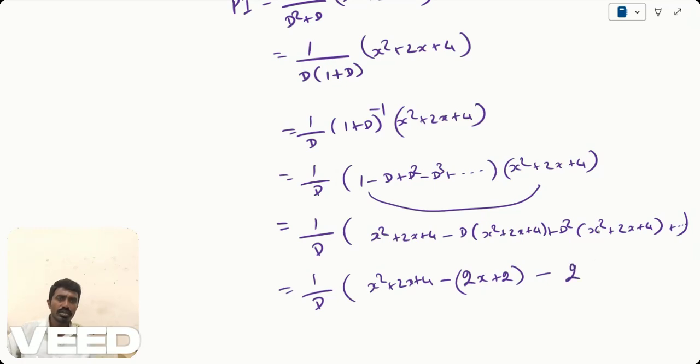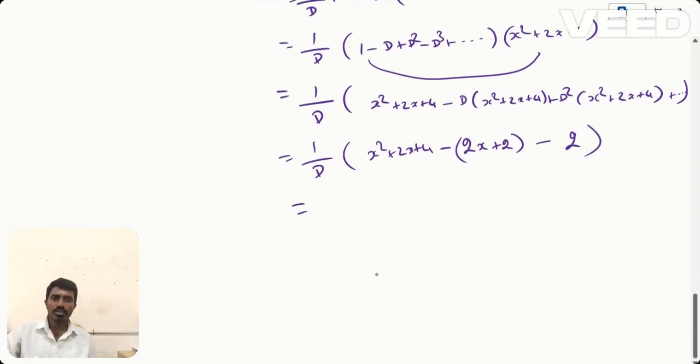Simply 2, because differentiation of x square twice is 2, and differentiation of this twice is 0. So simply you make it this one. Now which is equal to 1 by d of x square, here plus 2x and minus 2x get cancelled, then this 4 and this minus 4 also get cancelled. Simply you get this one.